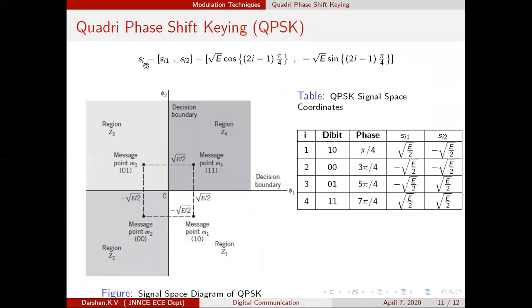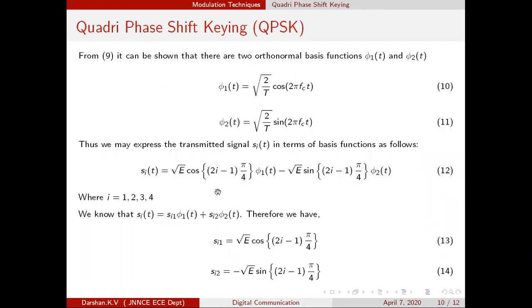Any signal would be expressed as Si equals Si1, Si2, which has been shown, along with the geometrical representation. For each symbol, the coordinates have also been shown along with the calculations.